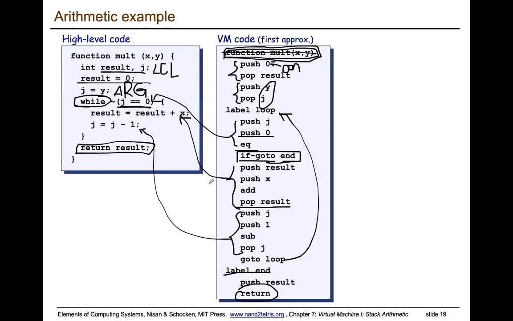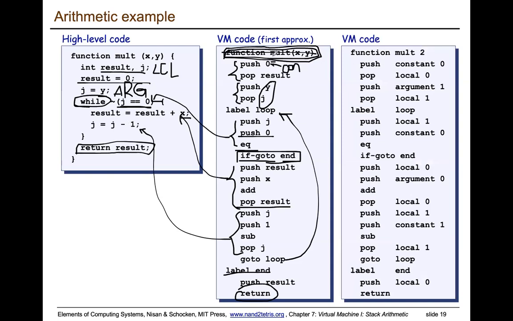Just convert my local variables, my constant, and argument variables, still using the same variable names, but use push and pop to evaluate my function. Then we need to represent this 0 as a constant 0, and give the segment name.